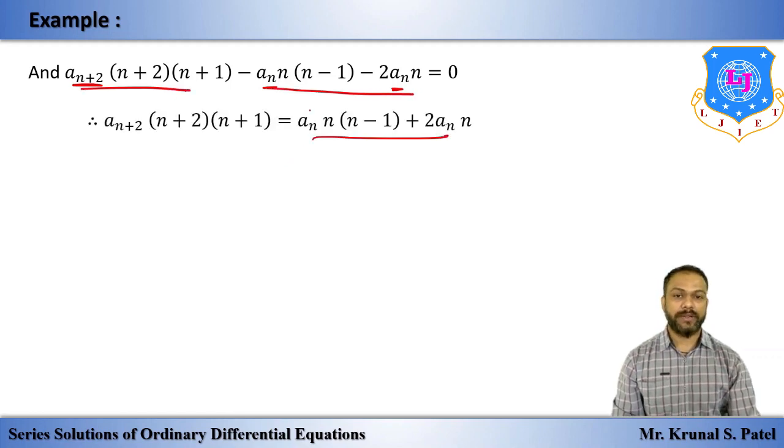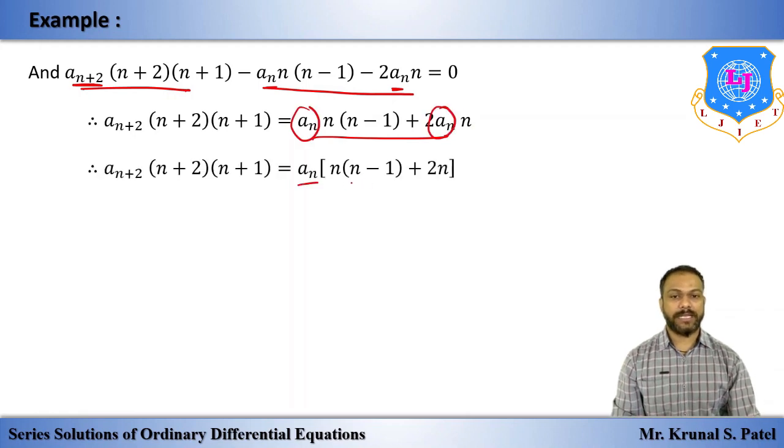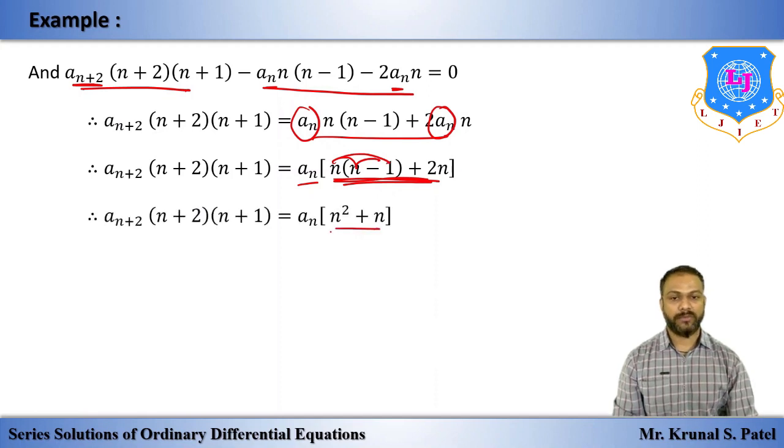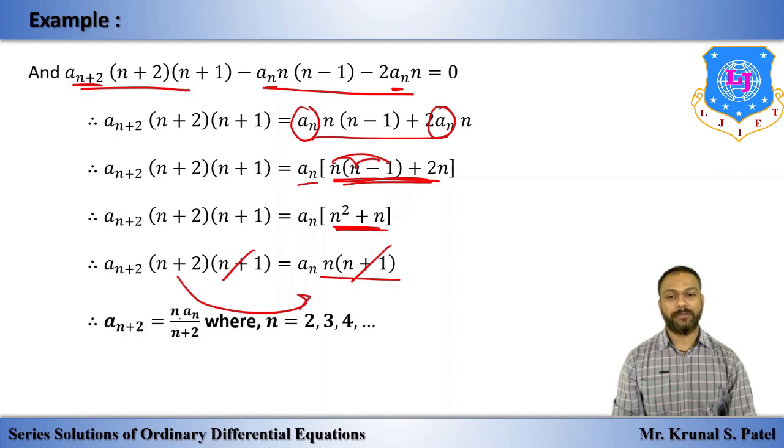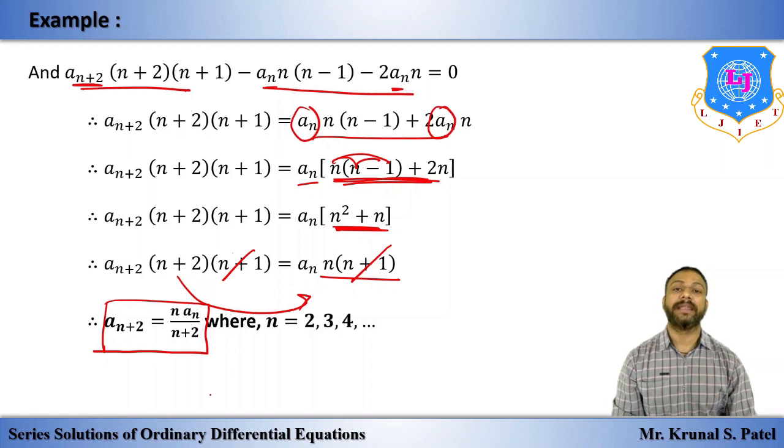Now we'll take a(n) common from these two terms, so we have a(n) outside and n minus 1 plus 2n. Now we'll expand this: n square minus n plus 2n, so n square plus n. By factorizing this, we have n into n plus 1. By cancelling out this n plus 1, we'll take this on the right hand side. So we have a(n+2) equal to this, and this is our recurrence relation.